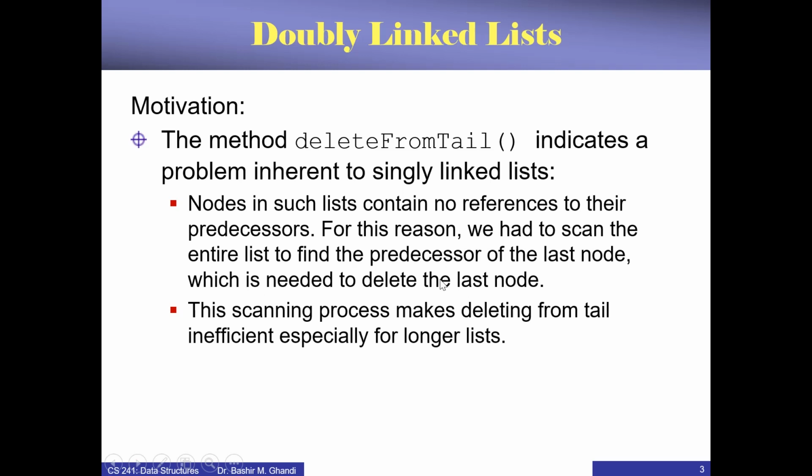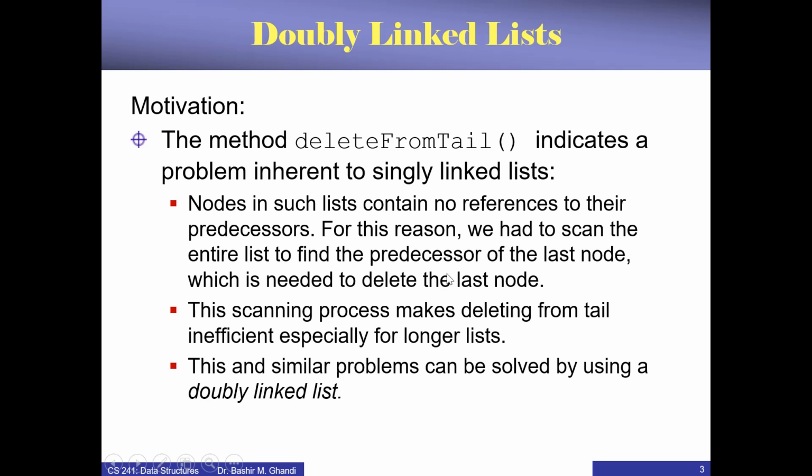So obviously this is not efficient. So for this and similar problems, we need another modification, and that is in the form of doubly linked list. Okay, so doubly linked list is going to solve this problem for us. That is basically the reason why we want to study it.